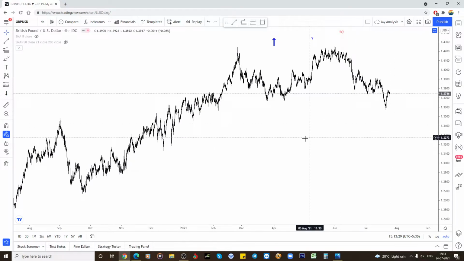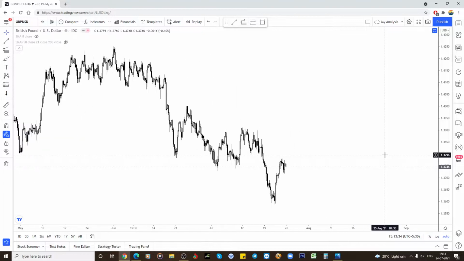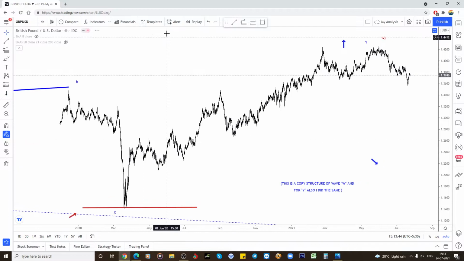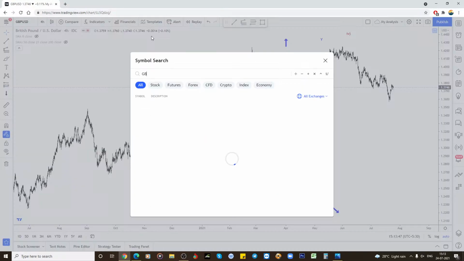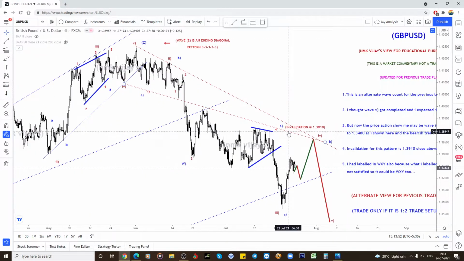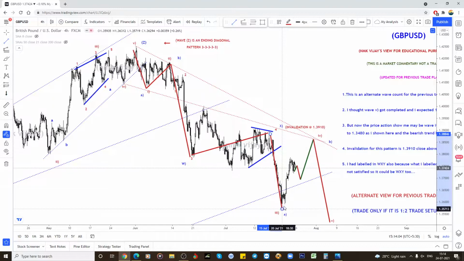As per this, if I took this as a WXA, we are in the B wave. So this is the triangle in the X wave. Yeah, that is in the FXCM platform. See here, what I had a doubt is, it looks like A, B and C, and this portion is a triangle, which means here also the bigger one is an impulsive wave.